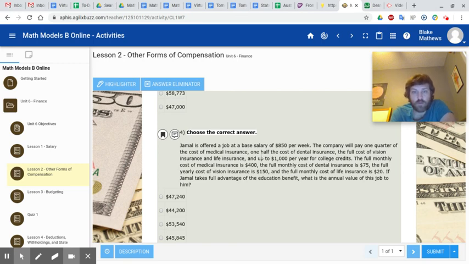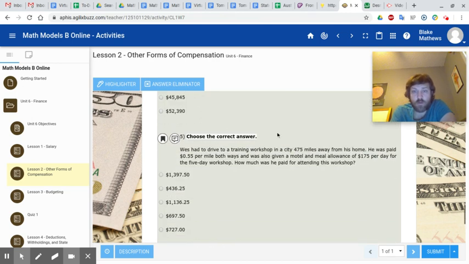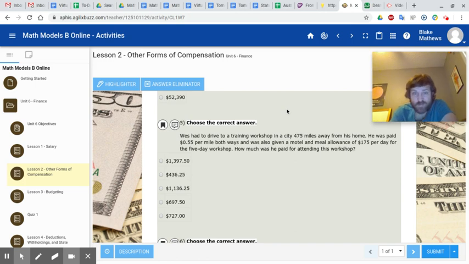I'm going to let you do this one on your own. 1/4 means 1 divided by 4. 1/2, full cost. Yeah, this is pretty doable. I'll let you just do that one on your own. You can do this one on your own as well. It's a little different, but you have the amount per mile and the number of miles, and you get this amount here.